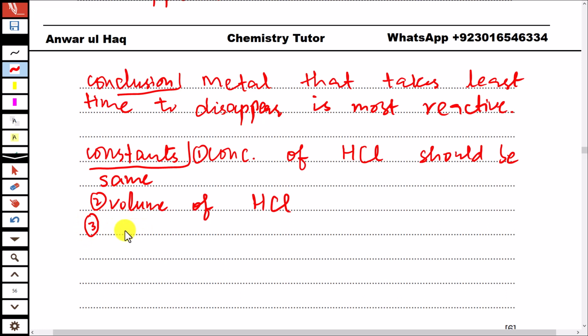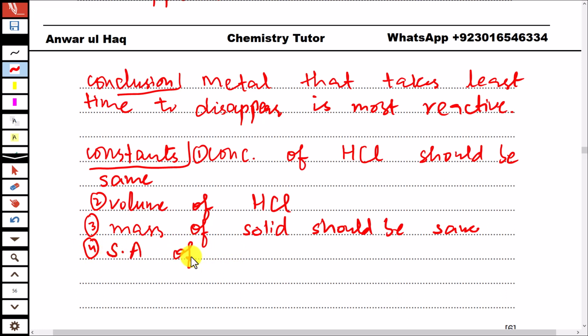Third is the amount or mass of solid should be same. The mass of solid should be same. And fourth important one, surface area of metal should also be same.